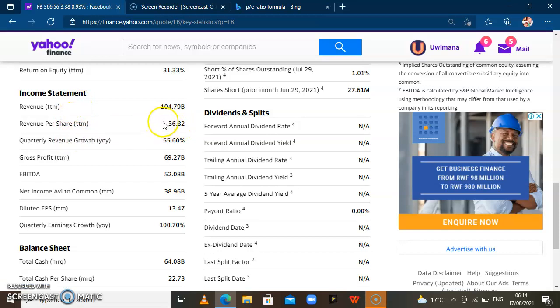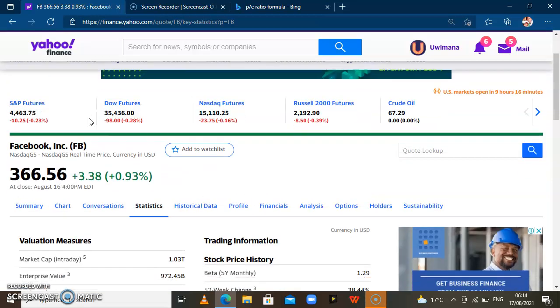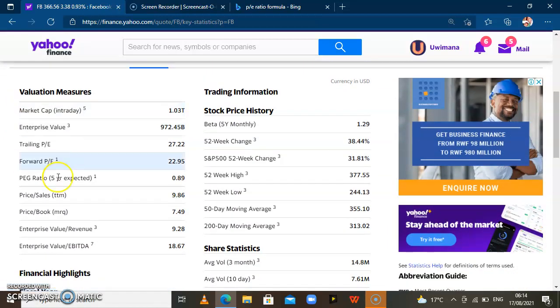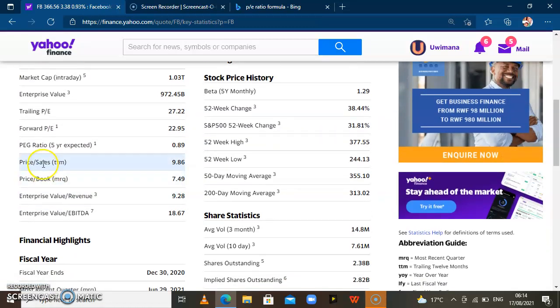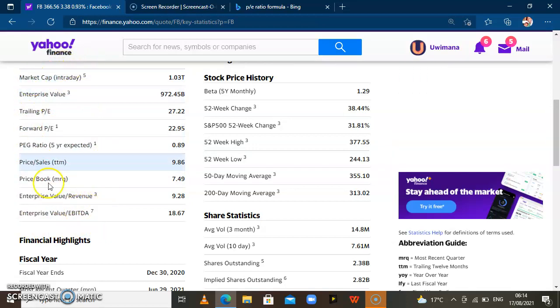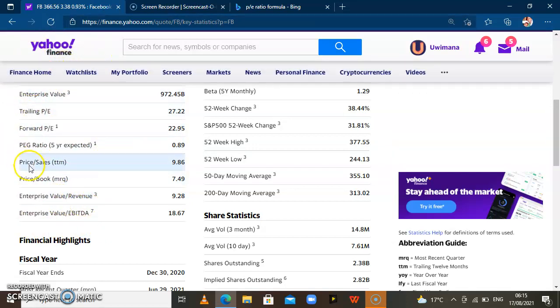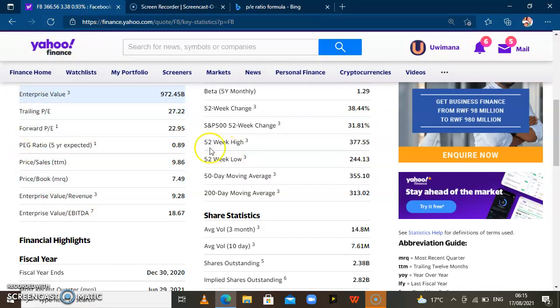So we get the total price and divide by the revenue per share, and what we're going to get is this thing called price to sales, right? And price to book is compared to this enterprise value that we've seen above. So basically all these things will help you understand if the company is overvalued or undervalued. You can do a bit more research to understand more about these, okay?